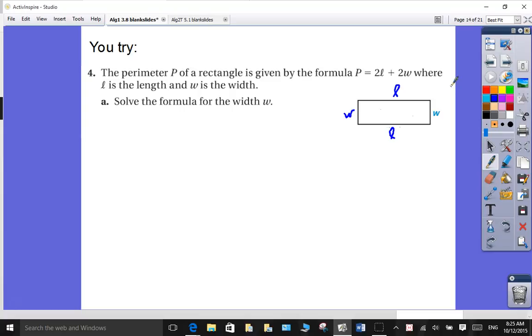The distance around would be like start in one corner and go all the way around, adding up the lengths. So it's L plus W plus L plus W, which is 2L plus 2W. So that's your formula. Try to take this formula, P equals 2L plus 2W, and solve it for the W.